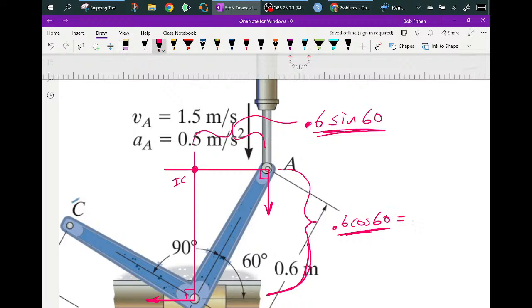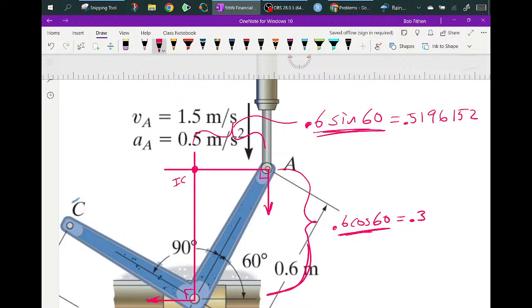So this one's going to be 0.3, and this one's going to be 0.5196. I know I shouldn't do this, but I'm going to carry a few extra digits. Doesn't look right to me. As a matter of fact, these are totally both flipped.